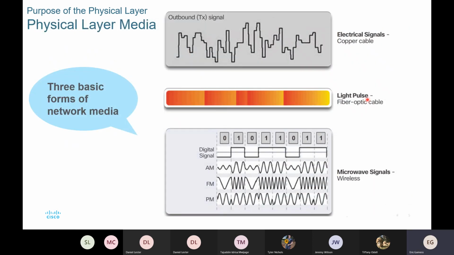As I was telling you, the kind of signal that you are going to use will depend on the medium. This signal, those are electrical pulses. You can send them, for example, in a UTP cable or in a coaxial cable, which is based on copper. If you use fiber optic, what you are going to send into the glass is light, so you will send pulses of light. If you use wireless, what you are going to send is a radio wave.